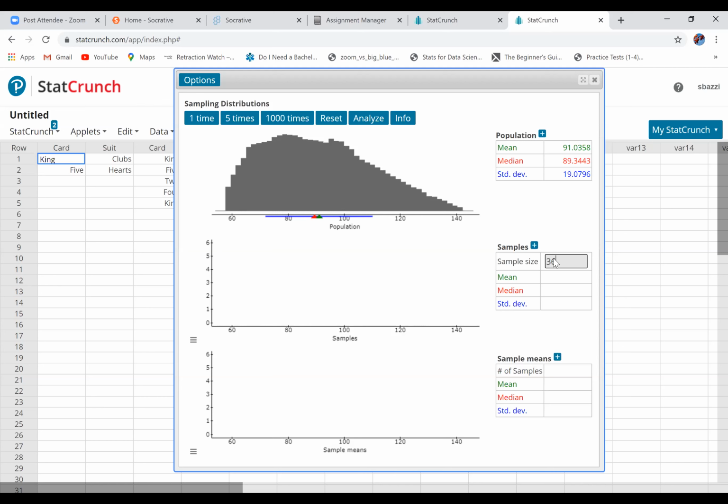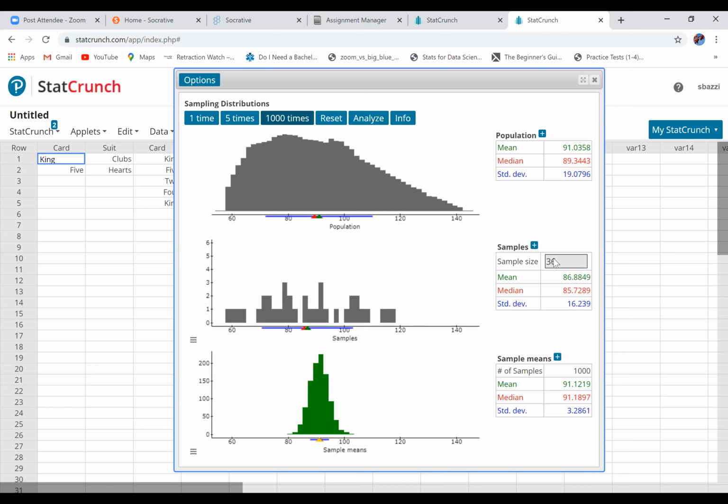The new mean is 91.0358, and the standard deviation is 19.0796. Remember, the original population is not bell-shaped. That requirement is not met. Let's see what's going to happen when we draw samples of size 36. Watch. I'm going to do 10,000 samples.